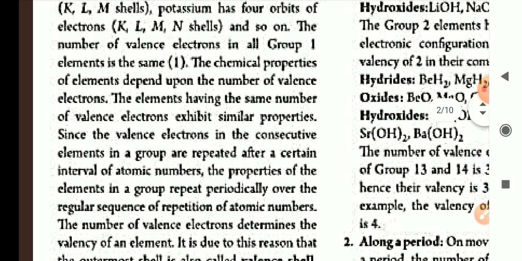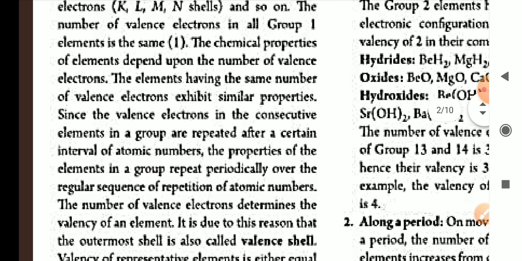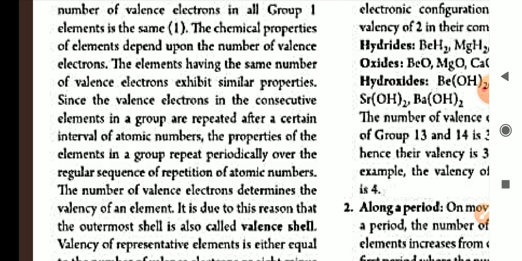Another thing we will find similar within groups is the valence electrons. All elements present in the same group have an equal number of valence electrons in their valence shell. The outermost shell is called the valence shell. The chemical properties of elements depend on the valence electrons.